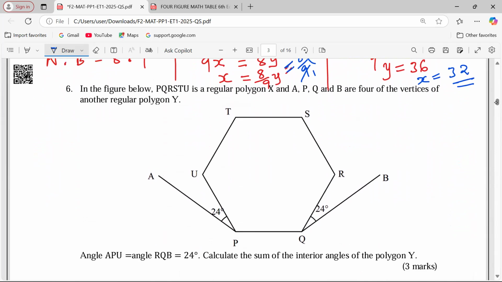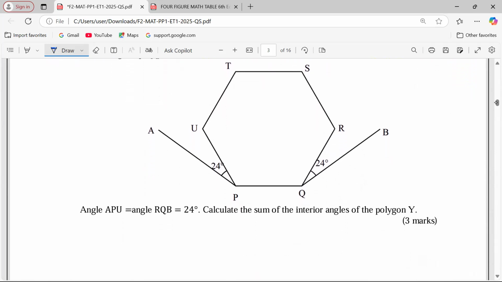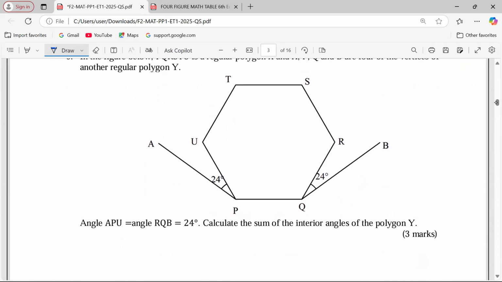In the figure below, PQRSTU is a regular polygon X, and A, P, Q, and B are 4 of the vertices of another regular polygon Y. So there is another regular polygon Y. So we are supposed to really understand what is happening here.